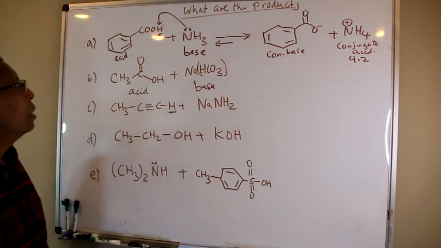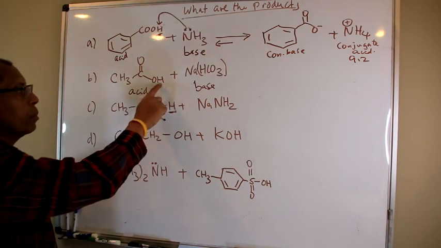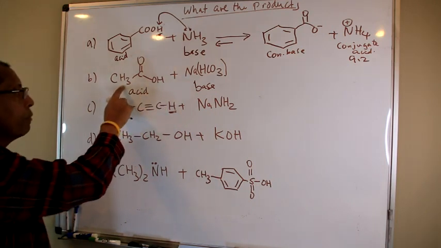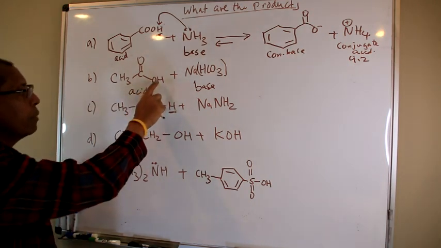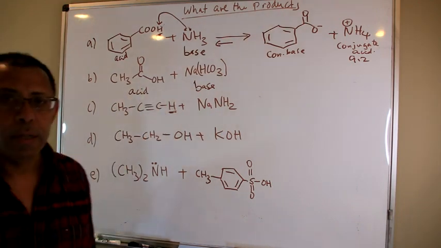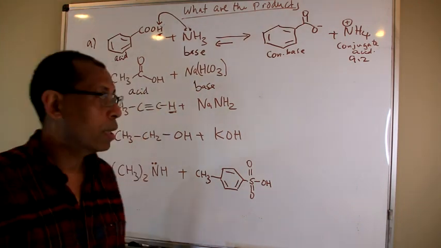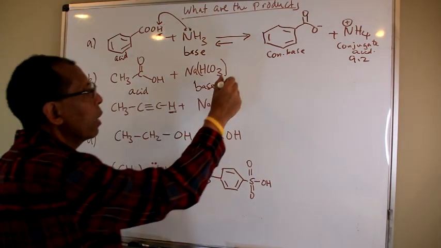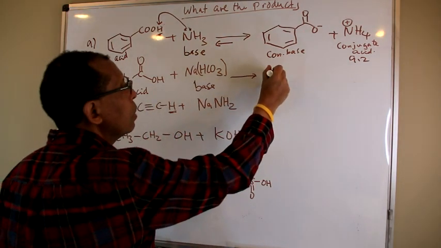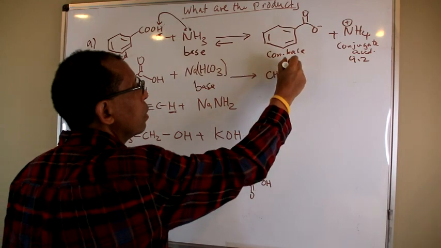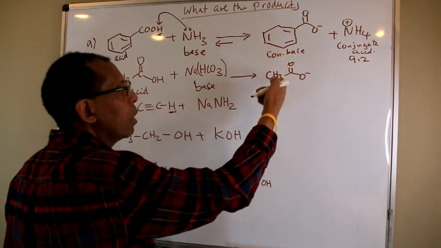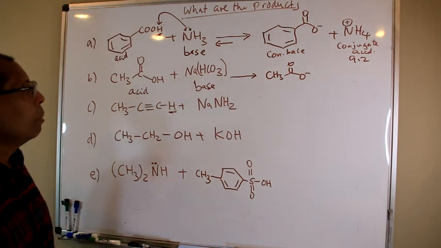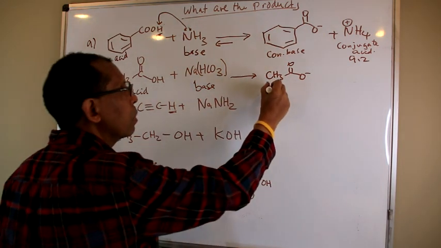Therefore, this base can abstract this proton. This proton is a very acidic one. You don't take any proton from this, but rather this is the most acidic proton on the carboxylic acid, on oxygen. Now the product looks like CH3, exactly the same, except it is an acetate, the conjugate base.